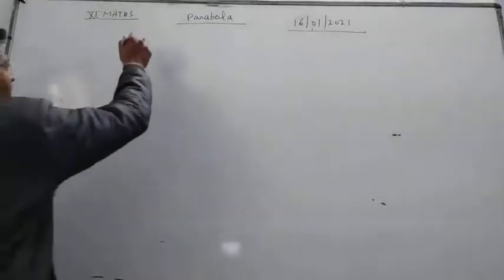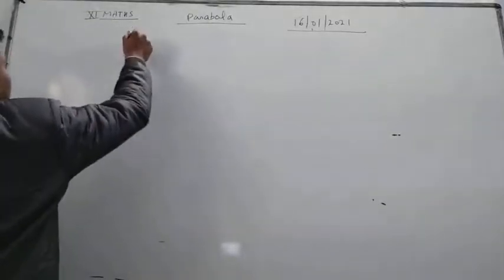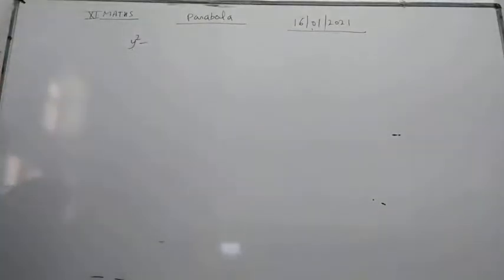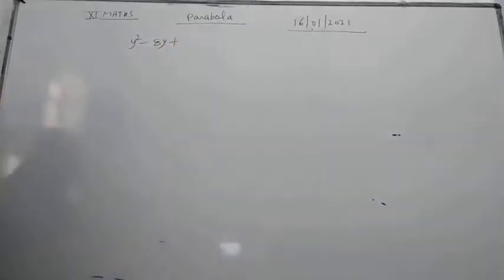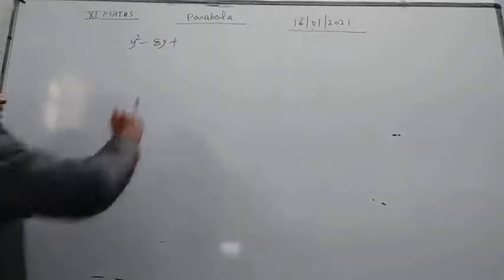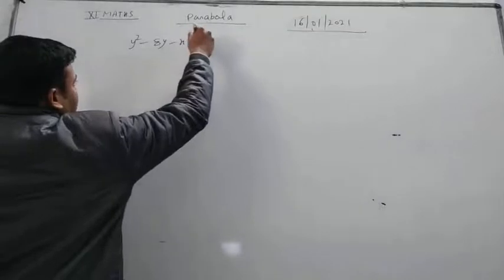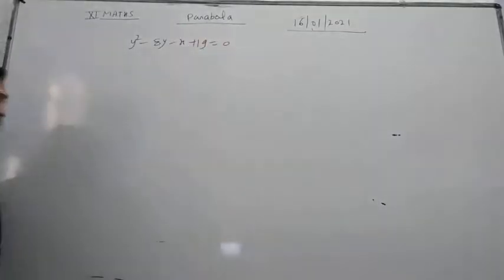our next question is y square minus 8y minus x plus 19 is equal to 0.